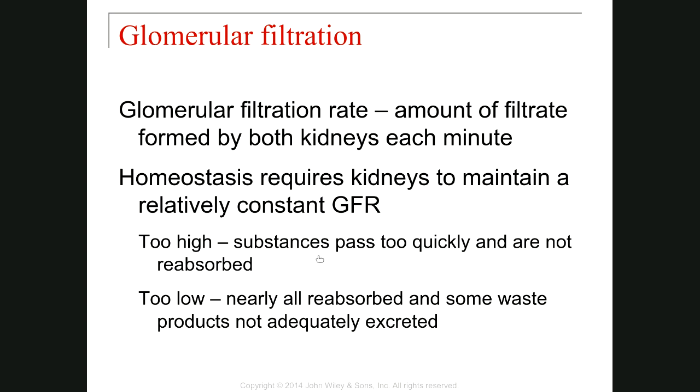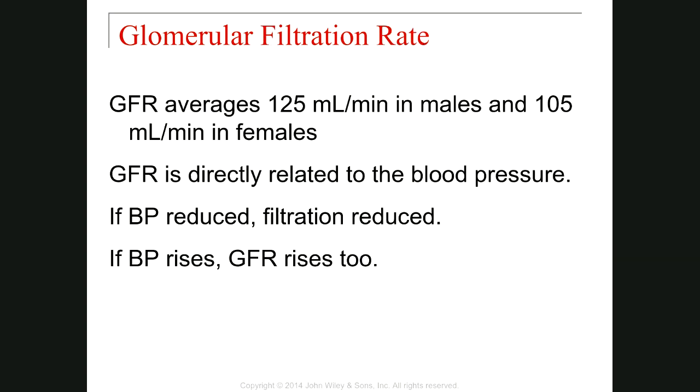And if the GFR is too low, nearly all of the filtrate may be reabsorbed, and some waste products, toxins, and materials which we don't need come back again to the blood vessels. So for having homeostasis, we need to maintain our GFR at a constant level.